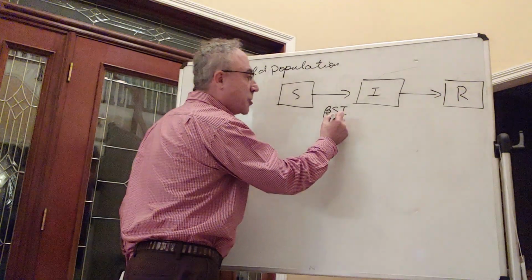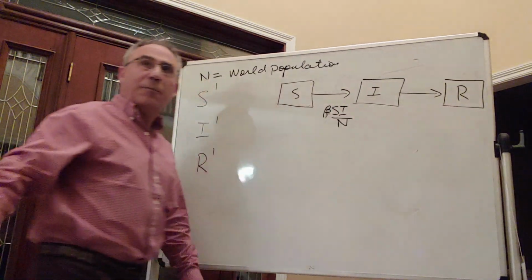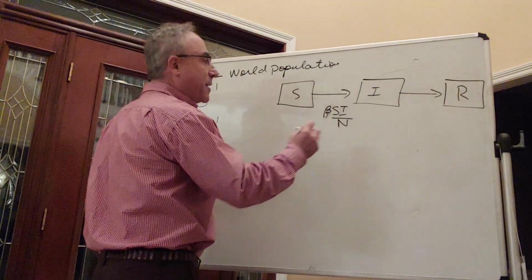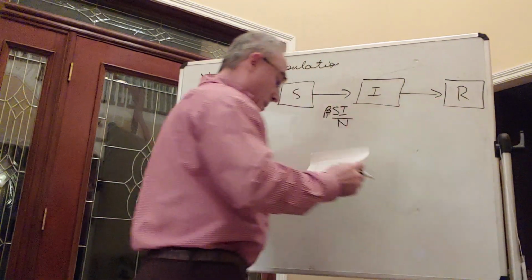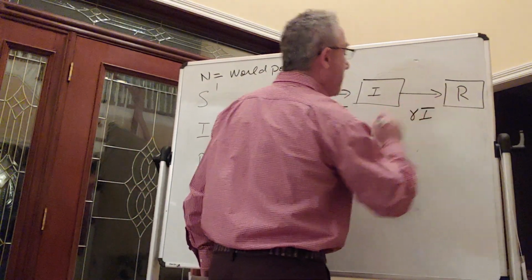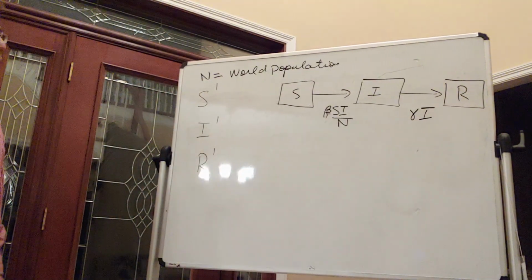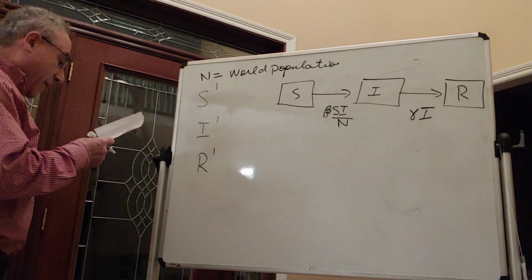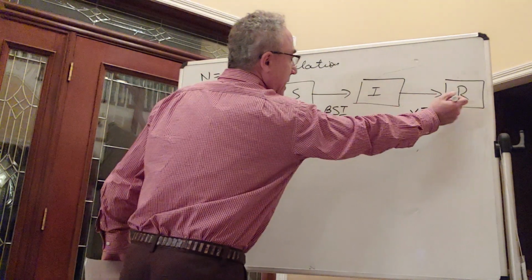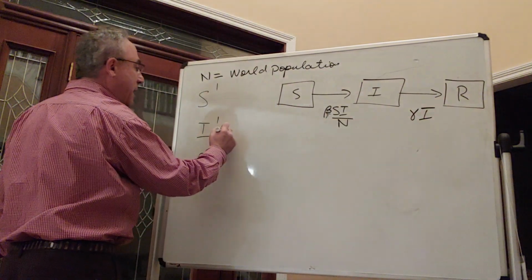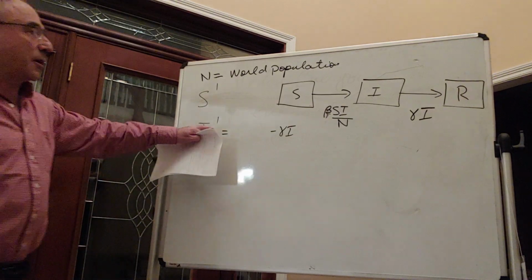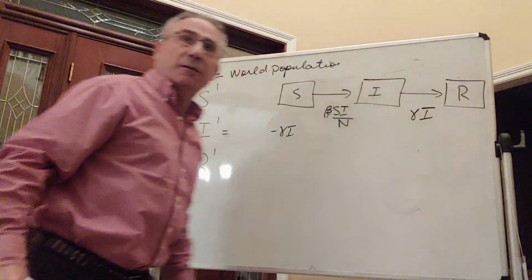We want it to be population, so we divide by the total number of population, which is N. And from infected to removed, some parameter is going to be gamma I. So I prime, to go from I to R, the rate of change lost is minus gamma I, because the rate of change lost gamma I into R.